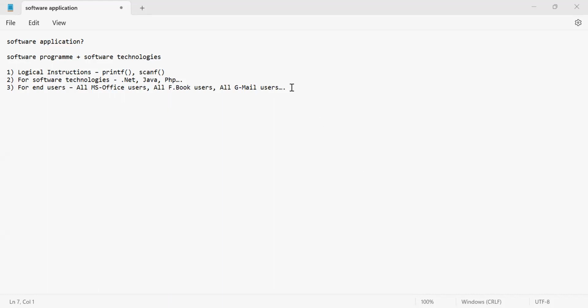Yes. I would request everyone who got confused after listening to the answers at the start, or who wants to be able to tell clearly what a software program and a software technology are, to start writing notes, at least something.